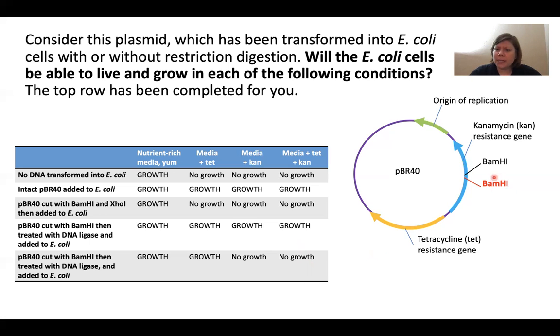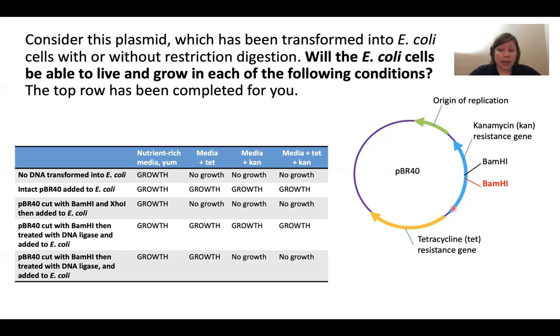And note that the reason that would occur is because BamHI is cutting at two places in this plasmid, which means this little in-between piece is going to be deleted. And it's unlikely when we treat with DNA ligase that this tiny inserted piece would be restored to the plasmid. Instead, a deletion would be created in the kanamycin gene.